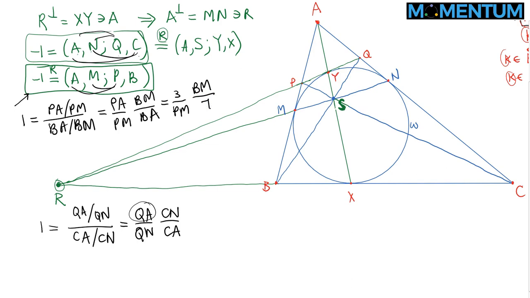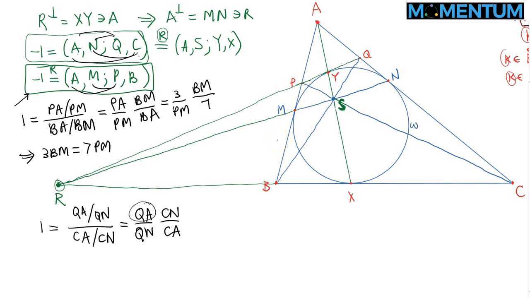So you might say, hey, how does this finish, right? So from here, this implies that 3BM, cross multiplication, is equal to 7PM. However, BM plus PM is just equal to 4, right? Because it's given in the problem that it's equal to 4.